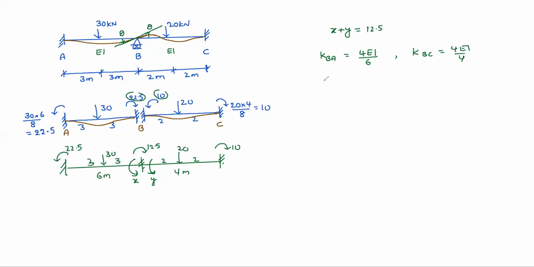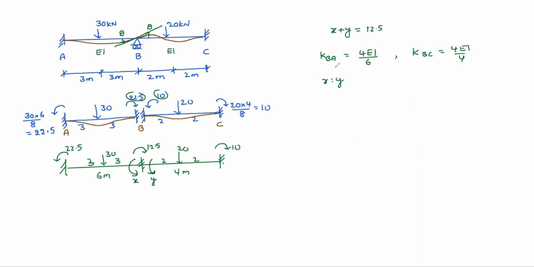That means x is to y, whatever moment we are distributing, that is sharing, must be in the ratio of stiffness. Why? To make both sides same slope. That is the logic here. We need to understand the logic. To rotate the beam on both sides same amount, we need to apply the moment in the stiffness ratio.